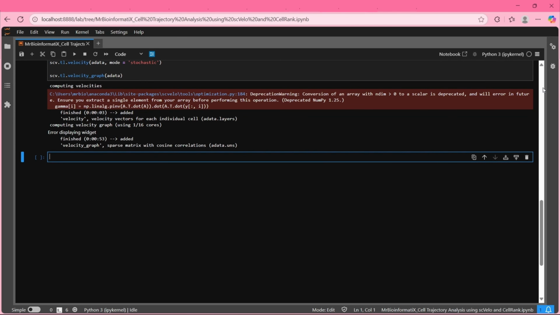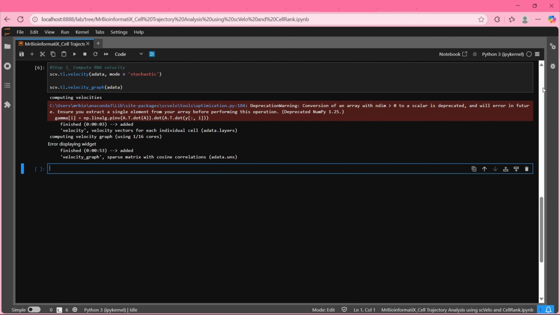This code computed the RNA velocity vectors for each cell, basically arrows that show how each cell's gene expression is changing. So now our data has a velocity layer, with per-gene velocity estimates that are either positive, for expression increasing, or negative, which is decreasing.